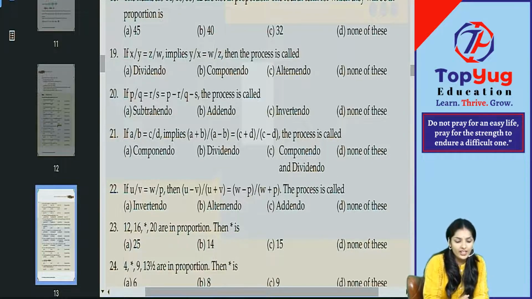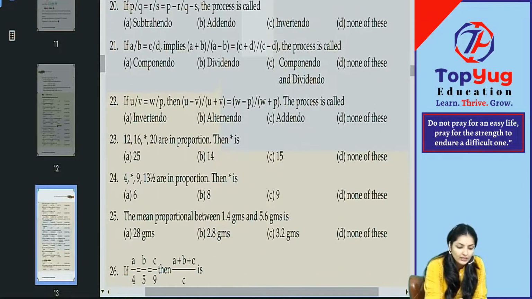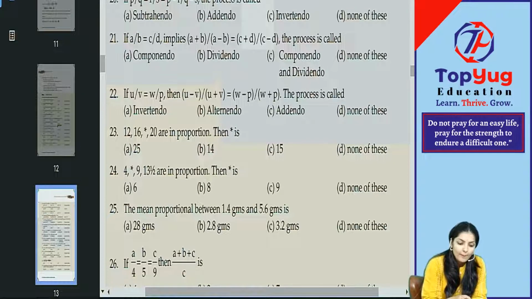It is invertendo. Okay. Now 20th one, tell me. 20th one, yes, it is Sapradendo. Very good. 21st one, yes, very good. It is Componendo and Dividendo. 22nd one, U minus V, yeah. It is none of this because we don't have anything like this.